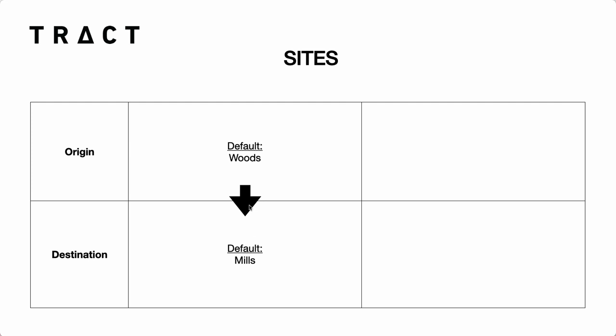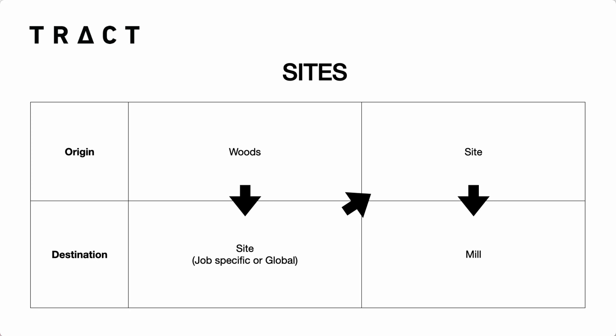So with sites, we introduce a new concept, and that's you can select an origin and you can select a destination that's not the mill. So in this example, the origin is still going to be the woods. That's where the trees are harvested. And then instead of taking those directly to a mill, you can now deliver those to a different site.